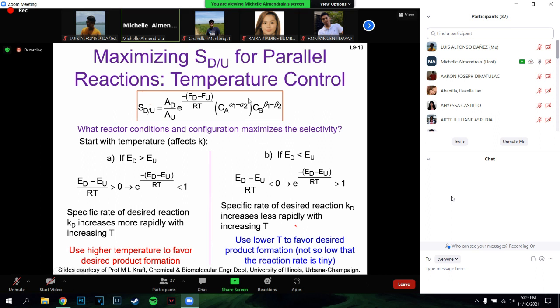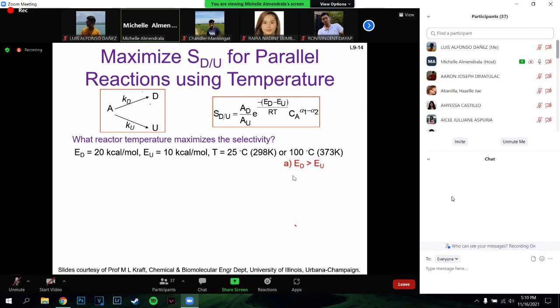The best way to see this explanation is to do your graph of S versus T. You assume several T, increasing T for case 1 and decreasing T for case 2, so you can see how the ratio of the rate of D over U will vary. Okay, so that's just one way.